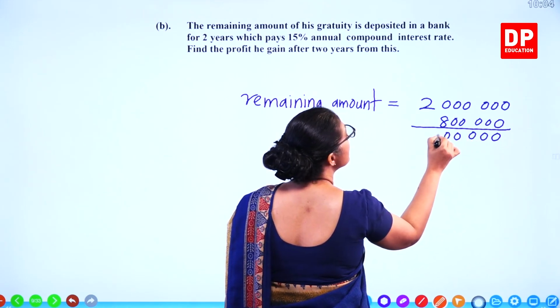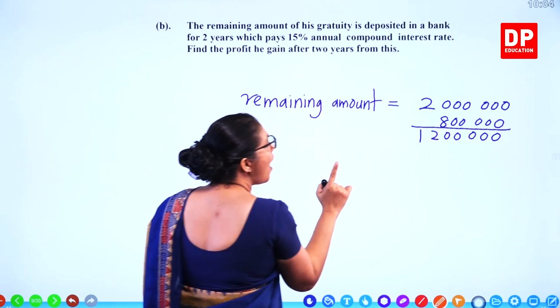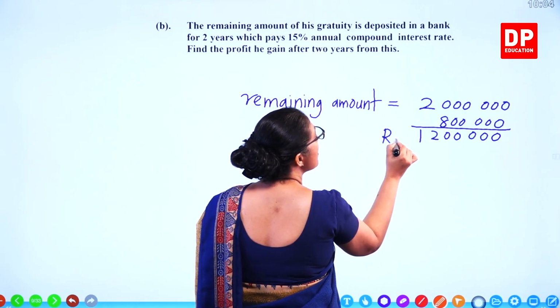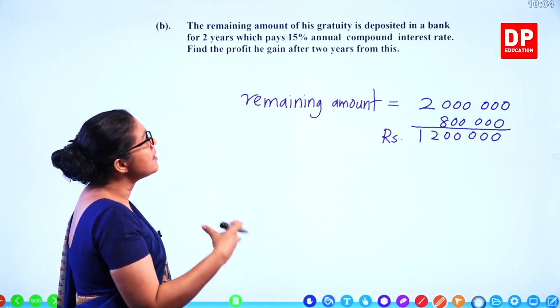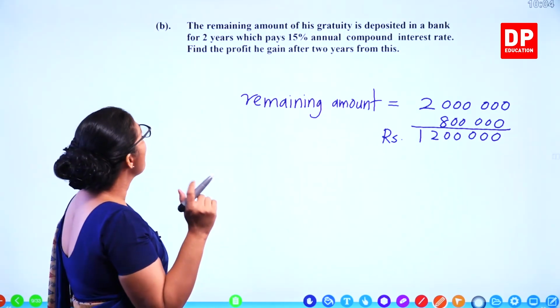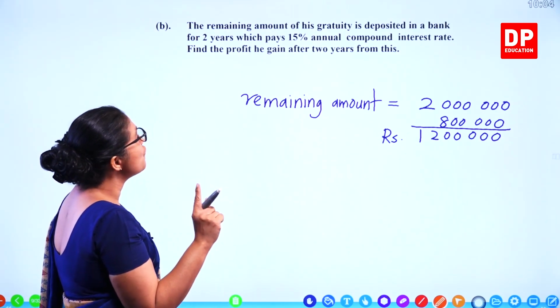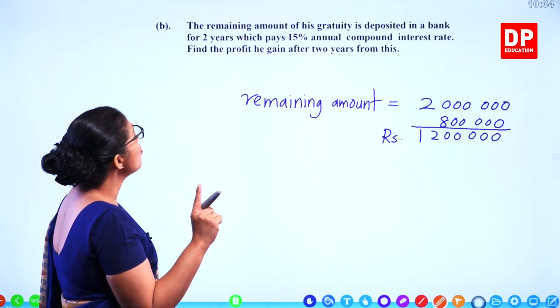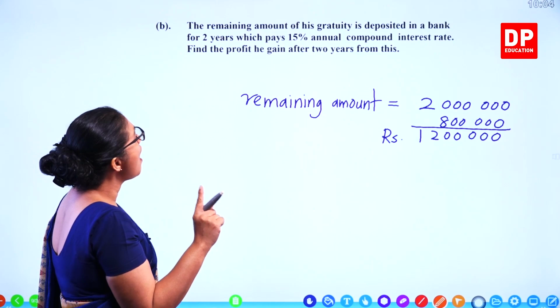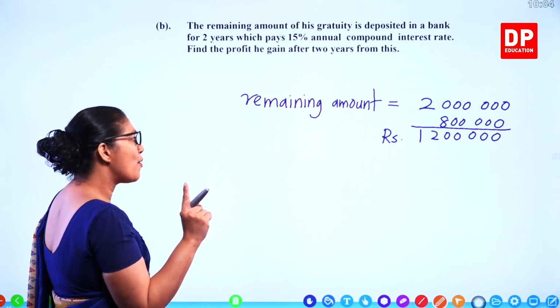You get 1,200,000 rupees. That's the remaining amount. Now he deposited that amount in a bank for 2 years, which pays 15% annual compound interest rate. He needs only the profit he gained after 2 years from this.